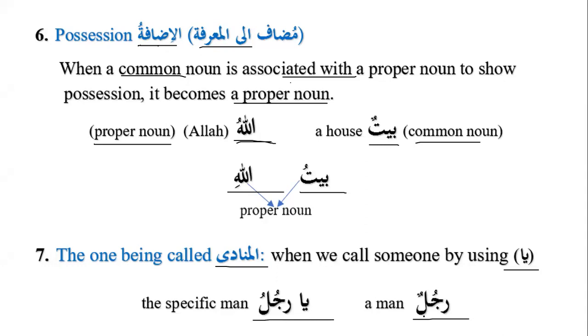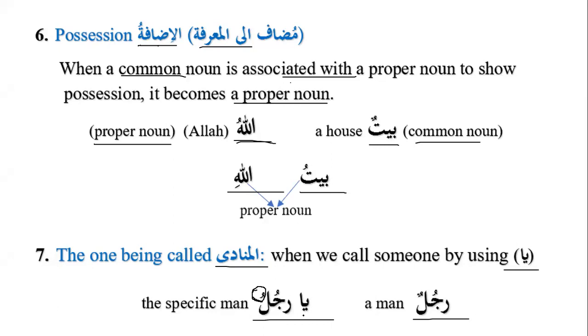So rajulun is a common noun, but when we add ya to that, two changes will take place. Number one, the ending will be only dhamma. Always it will be dhamma. And number two, we will add ya to that. So when we add ya to that, it becomes a specific noun, or the proper noun.